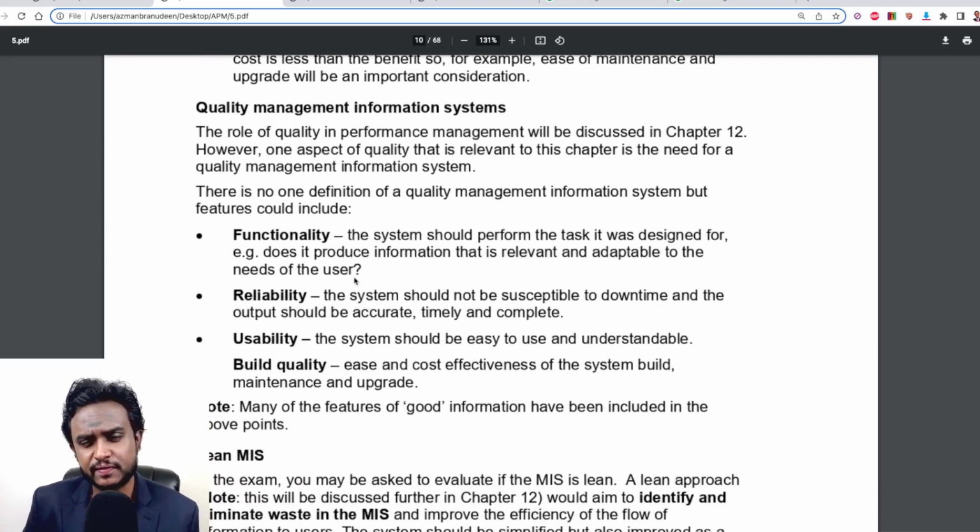Now, in terms of assessing the quality of a management information system, there are four metrics that are critical for any MIS. It should be functional, that it should do the job. It should be reliable, that you should be able to trust it. It should be usable, in essence user friendly, easily understandable and easily maneuverable.